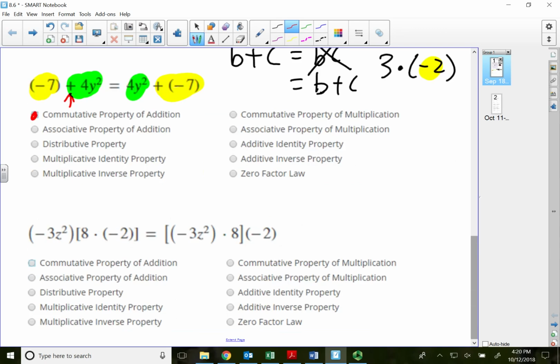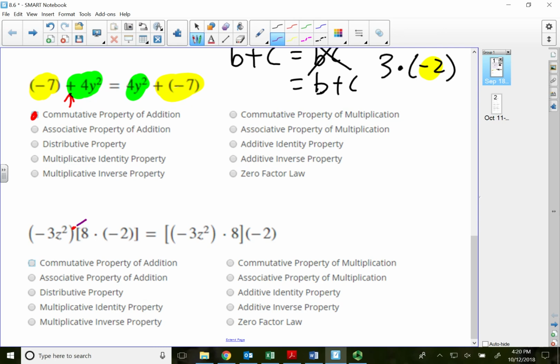Find your equal sign and see what the difference is. The whole thing on the left side is one term, because this is multiplication. I have negative 3z squared, an a, and a negative 2. On the left side, negative 3z squared is first, a is in the middle, and negative 2 is at the end. The order is the same, so it cannot be the commutative property. What's different between the two sides is the bracket.